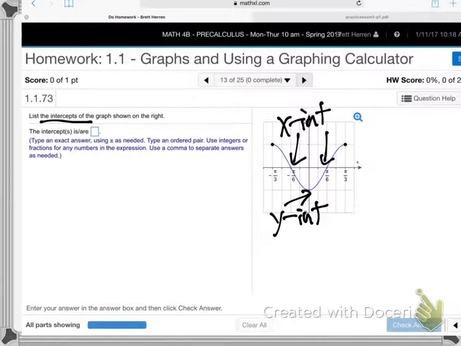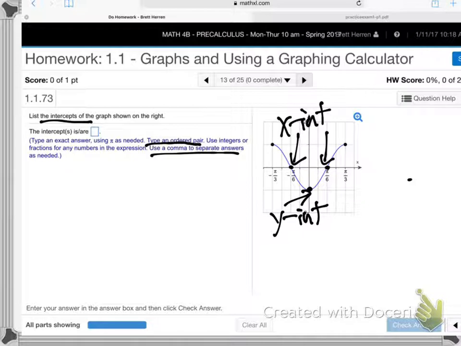They're places where it hits the x-axis and the y-axis. All right, so what does it want me to do? Does it want all the intercepts? List the intercepts. Yeah, it wants them all. So you basically have to type them in. It says type ordered pairs, use integers or fractions, use a comma to separate answers.